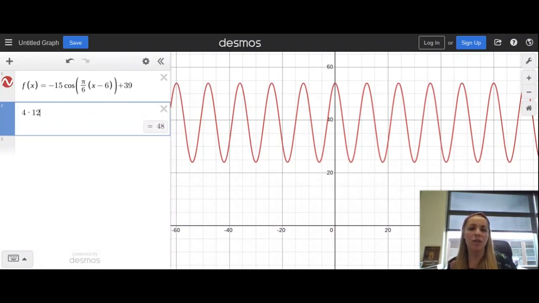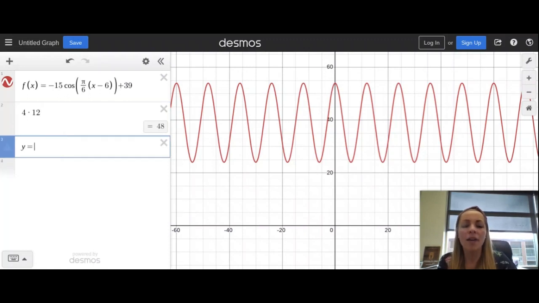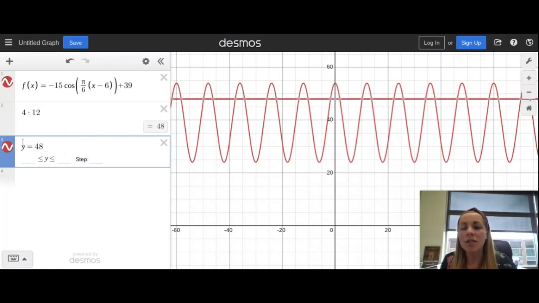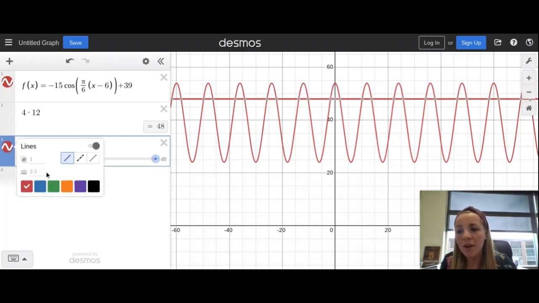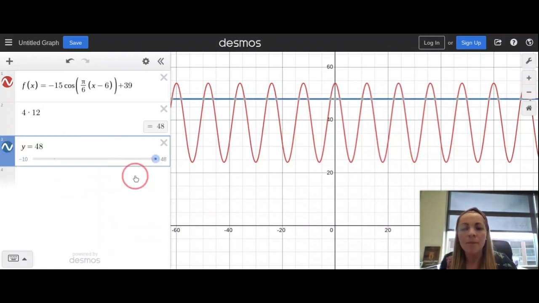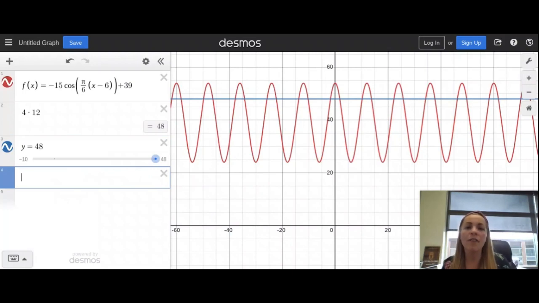Now the best way to do this using this graphing technology is to first graph the function, which I already have graphed, and then also type y equals your output value 48. And I'm just going to change the color here. This allows us to see all of the times where the wave is exactly 48 inches tall.